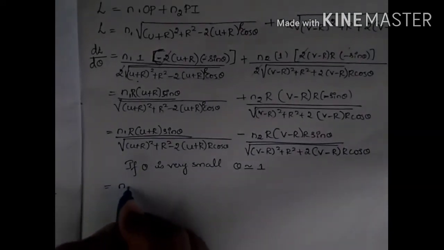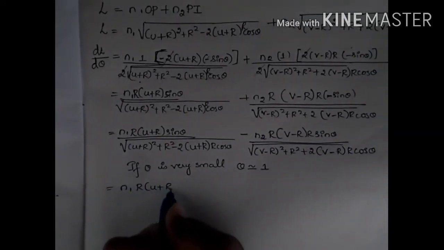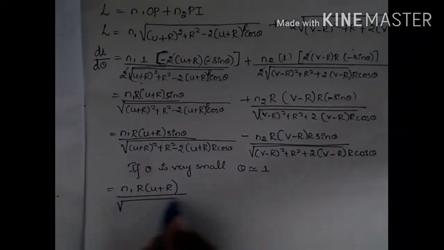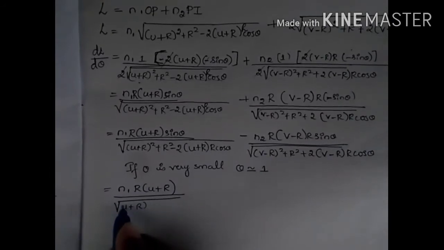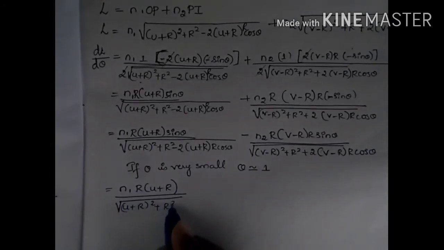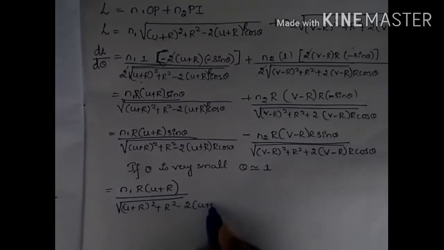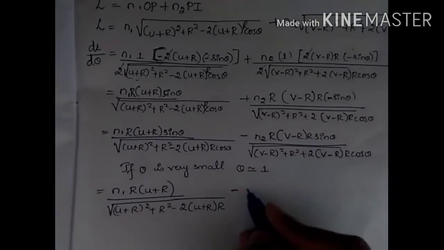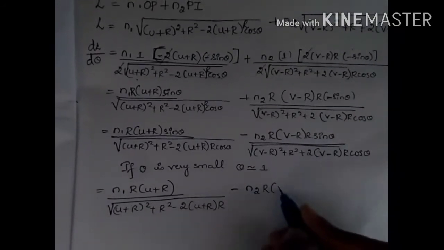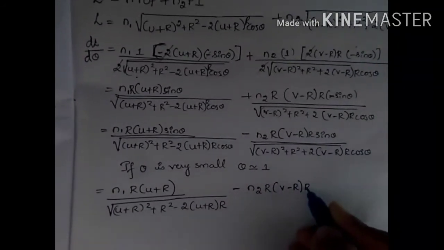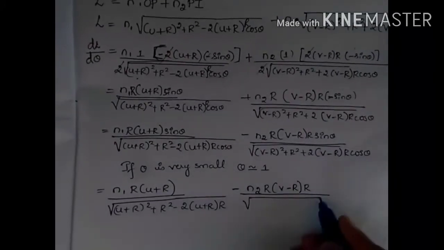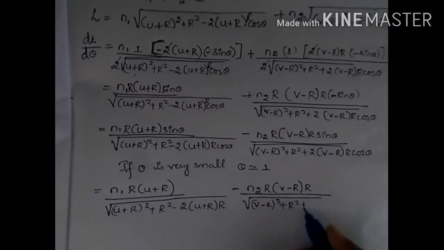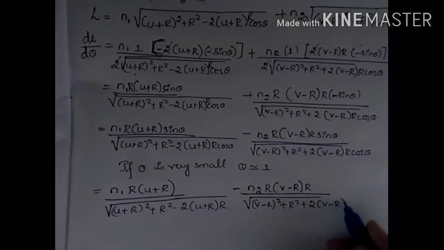So here n1 r (u plus r) sin theta divided by root over (u plus r) whole square plus r square minus 2(u plus r) multiplied by r, and minus n2 r (v minus r) divided by (v minus r) whole square plus r square plus 2(v minus r).